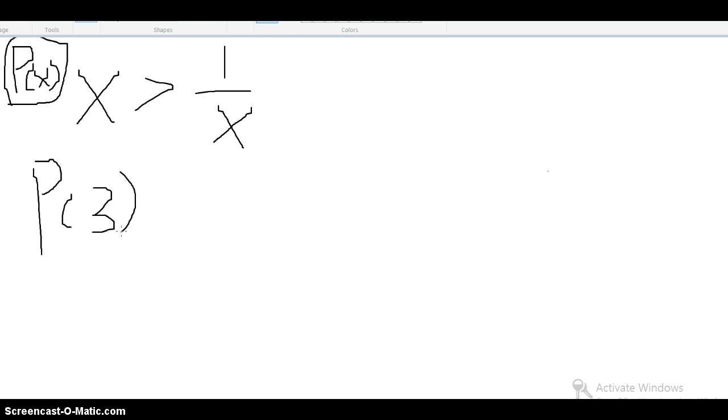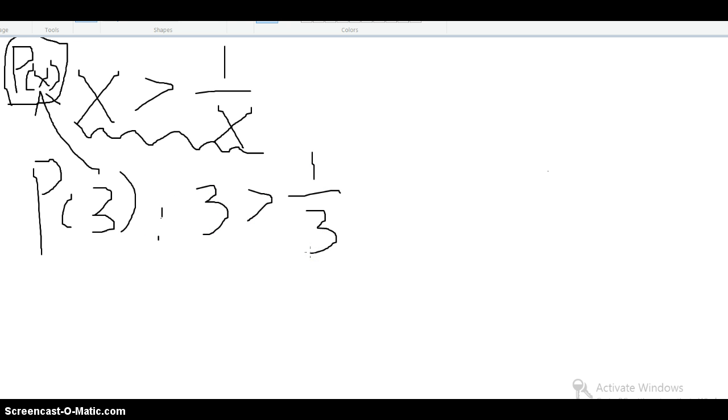From algebra class we have learned function. So this 3 inside means that this is x. And what is P of x? P of x is not a number. P of x is this inequality, x is greater than 1 over x. So P of 3 basically is when you replace x, it's 3 greater than 1 over 3.